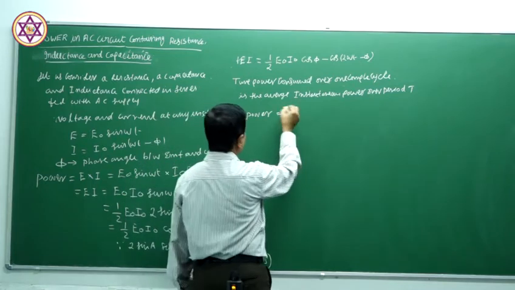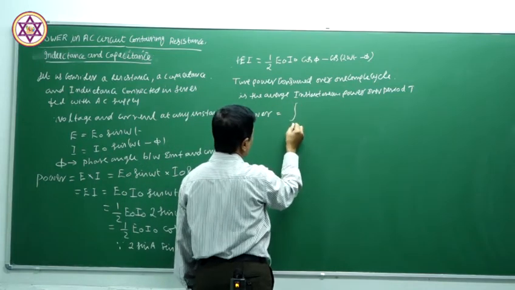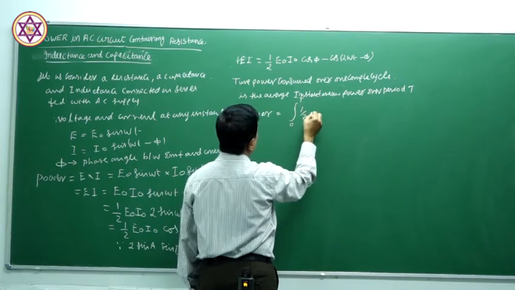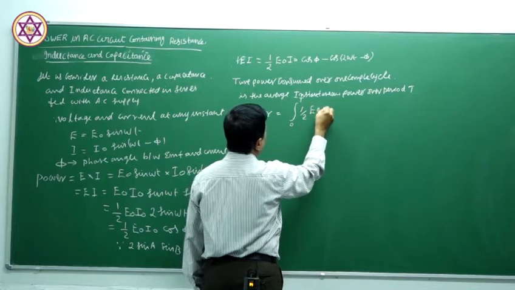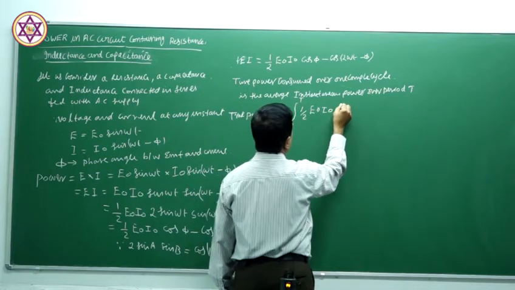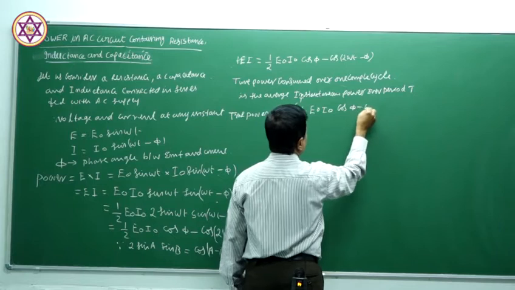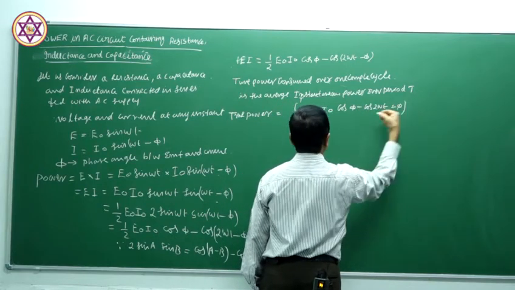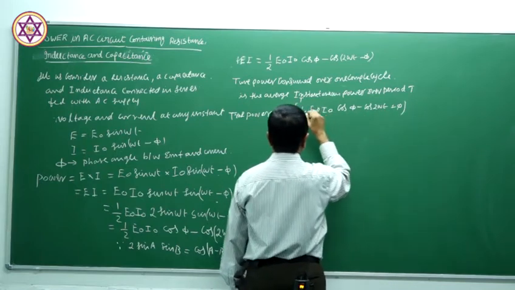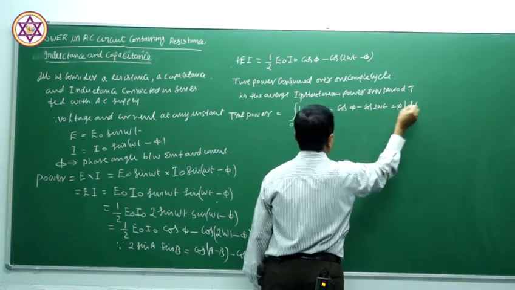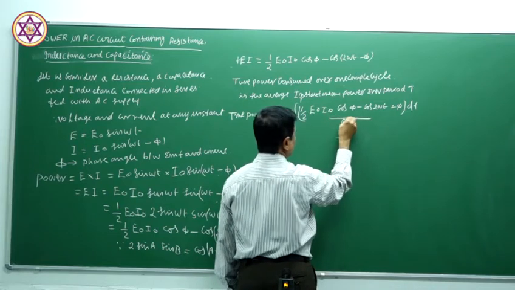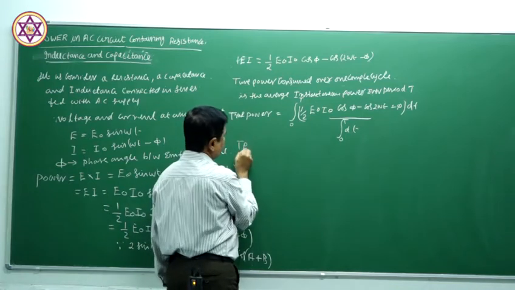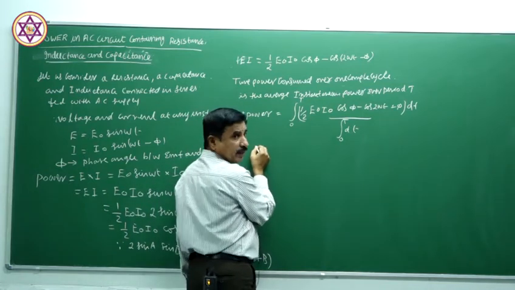Therefore, true power can be written as the integral from 0 to T of half E naught I naught into cos phi minus cos 2 omega t minus phi, into dt, divided by T. I can simplify it further.